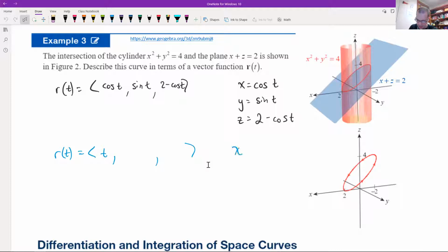So if we let x equals t, then solving for y, we would subtract x squared from both sides and then take the square root of both sides to get y is equal to the square root of 4 minus t squared. And again, we're going to get into that situation where we're only going to get half of the circle that we want because we've only got the positive part.